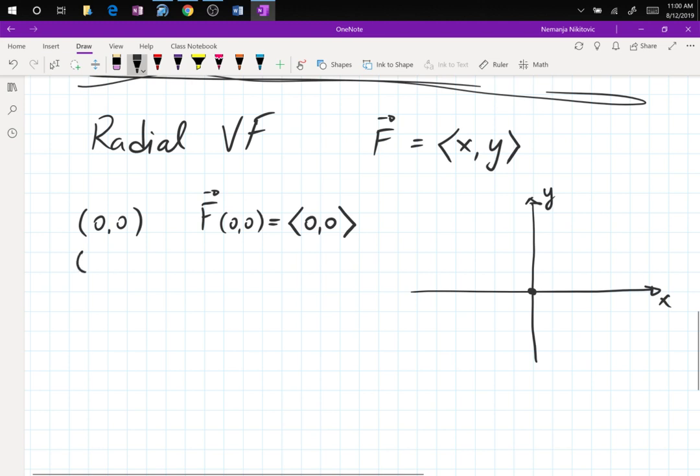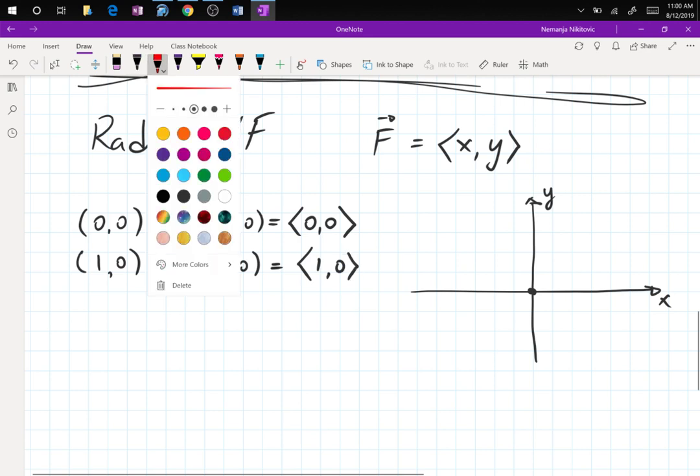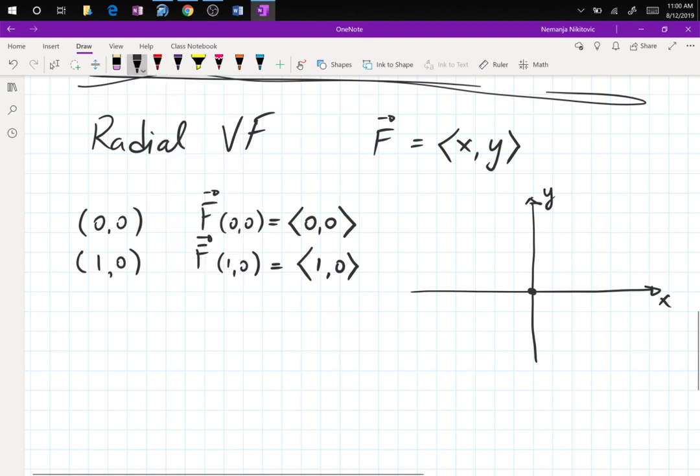Let's say you have 1, 0. Then the vector field at 1, 0 will be vector 1, 0. And to draw that one, let's say this is our unit 1. Over here, 2 squares, 1, 2, 3. So you are going to have a vector that stretches 1 unit in length from the origin outwards.